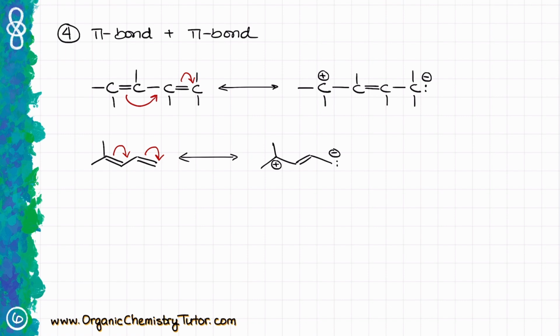I cannot have molecule A being negatively charged and positively charged overall at the same time. That just wouldn't make any sense. So always keep an eye on your charges when you are dealing with resonance.